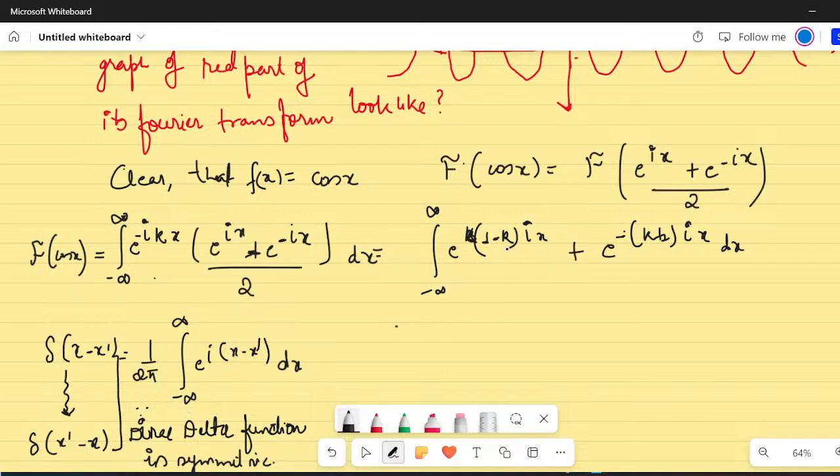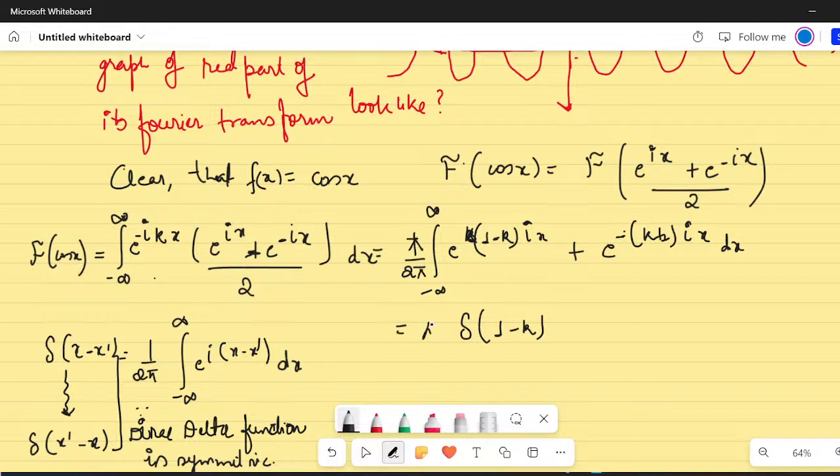So basically the first one will be Dirac of 1 minus k, and there would be a factor of 1 upon 2 pi, which I have not written, so I'll multiply with pi and divide accordingly.